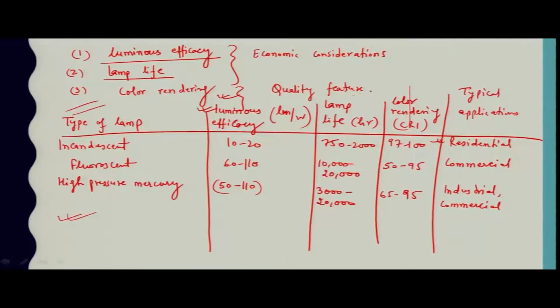Lamp life is how long the type of lamp is expected to last, and that is expressed in hours. And there are variations and trade-offs within a given type. For example, a long life incandescent bulb lasts longer than a conventional incandescent bulb, but its light output, that is in lumens, is lower during that life.